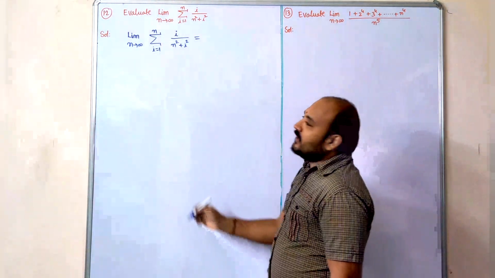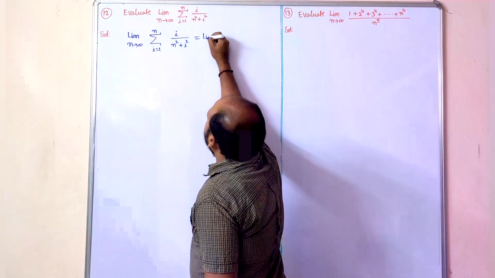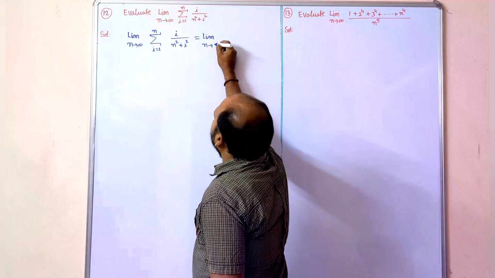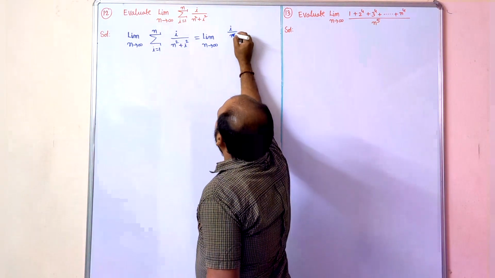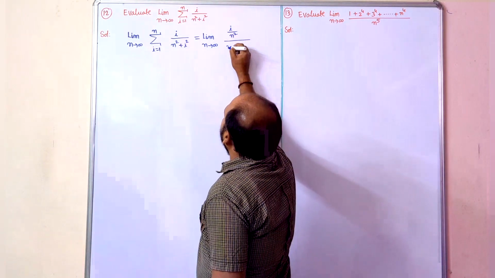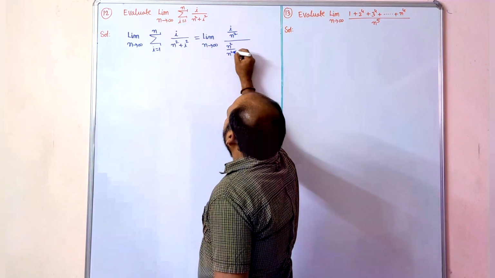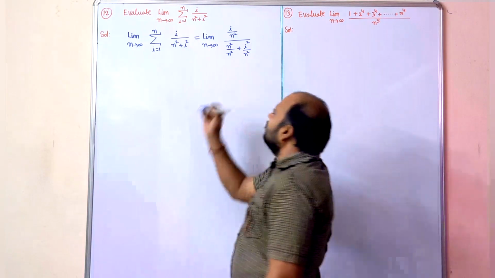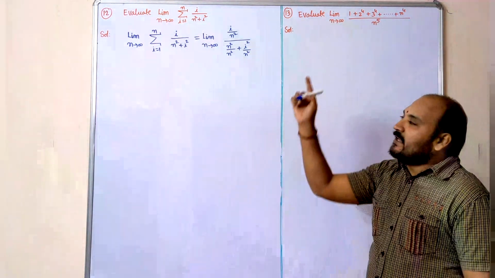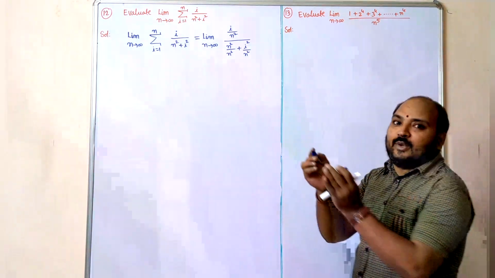Here what I am doing is limit n tends to infinity, i by n square by n square by n square plus i square by n square. i by n square can be written as 1 by n into i by n.